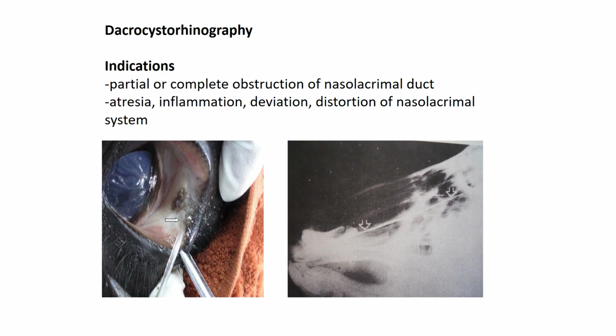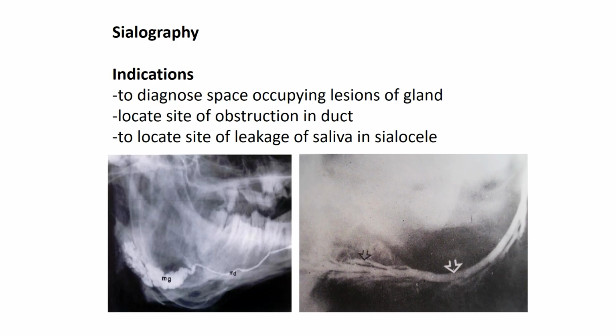Afterward, very gently push the plunger of the syringe and inject the contrast agent into the duct system and take a lateral radiograph of the skull. If any abnormality is there, then you will find the contrast agent at the level of the abnormality or obstruction.